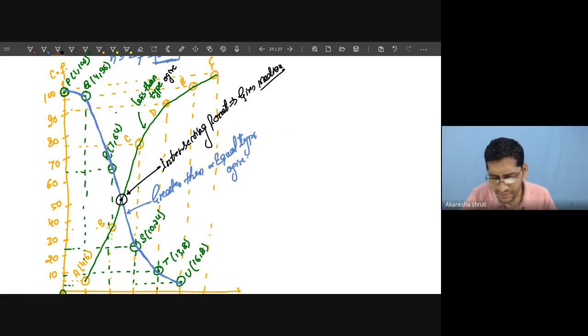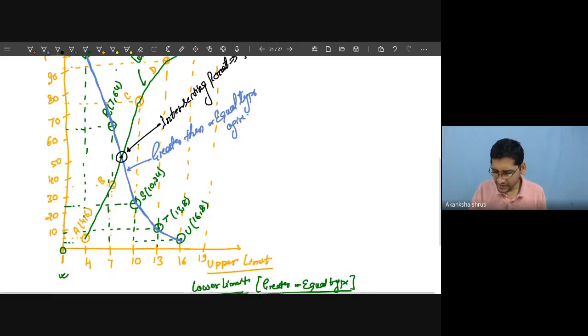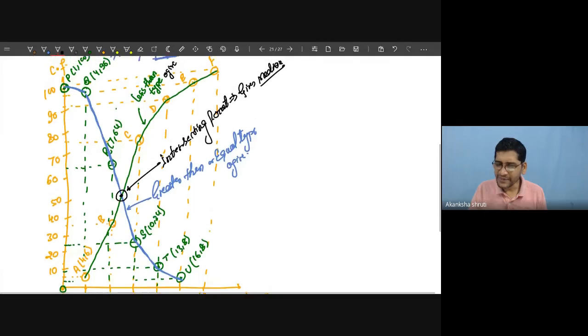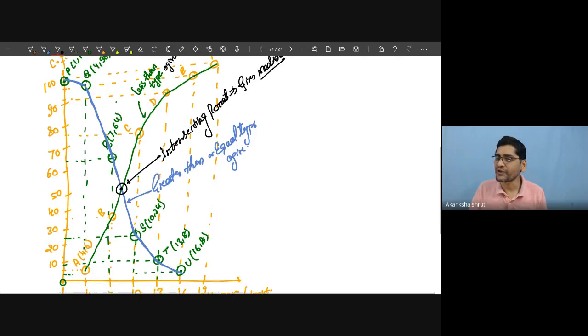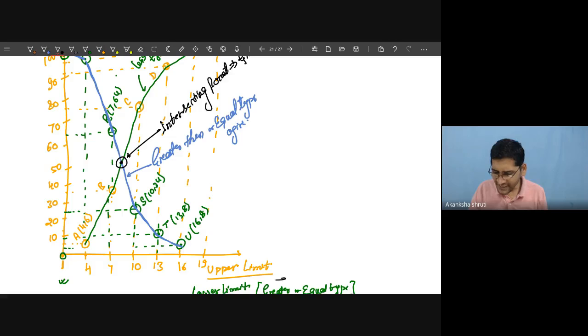A student, what is this median? Whether I shall take the cumulative frequency axis for getting the median, or this upper limit or lower limit axis. Students, I had already explained mean, median and mode are for the observations. Observations are present here as upper limit or lower limit in the grouped data.